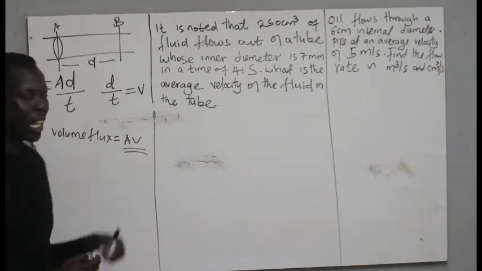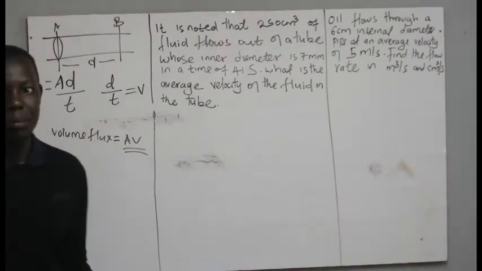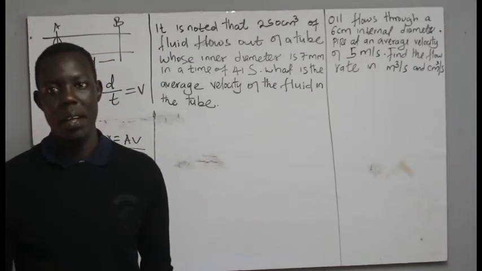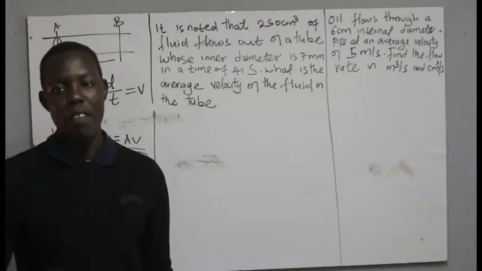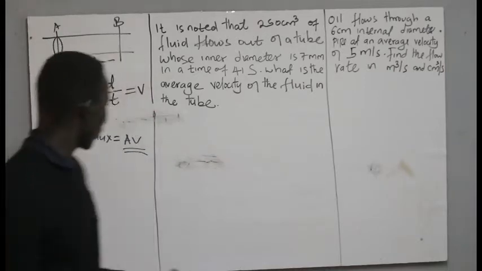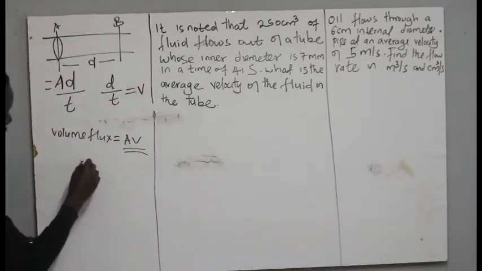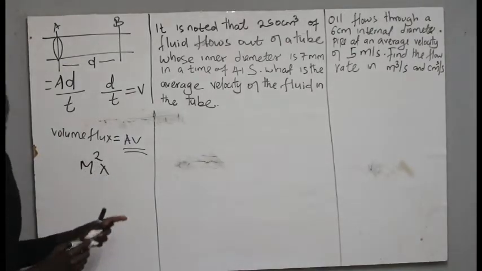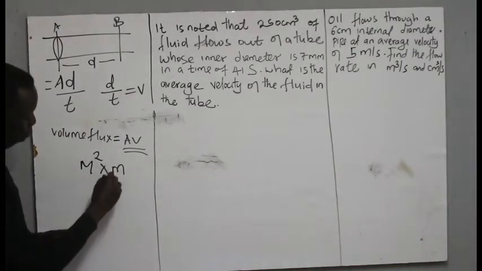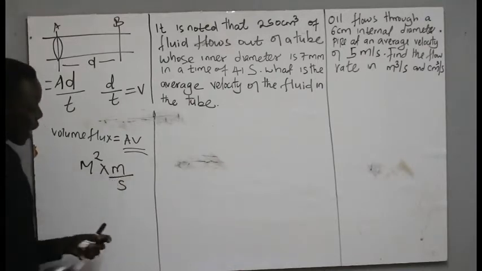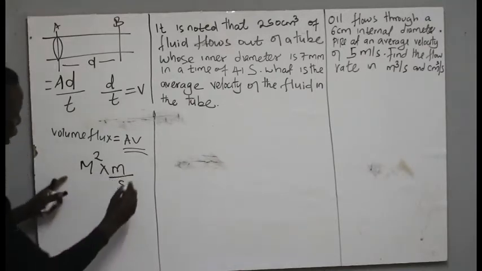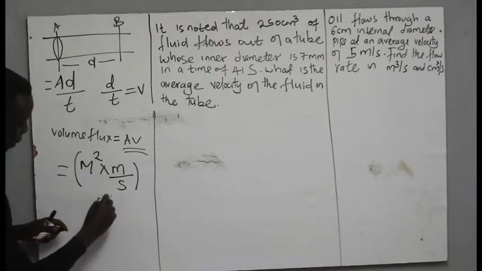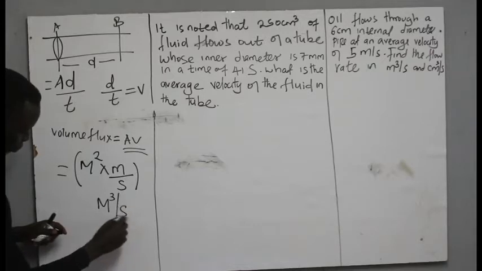Cross-section area is given in meters square and velocity is given in meters per second. So meters square for cross-section area, multiplied by velocity in meters per second, by the end of the day is going to be meters cubic per second.